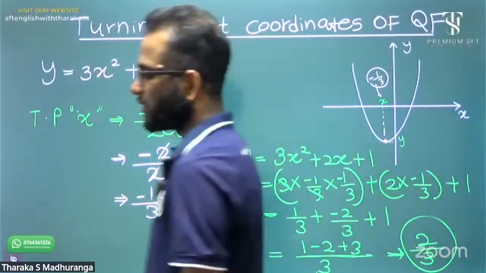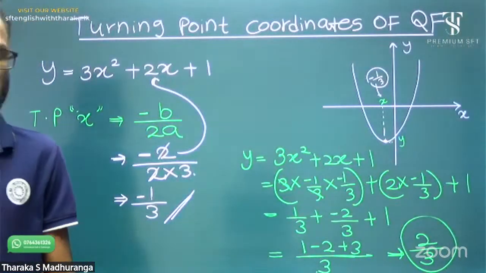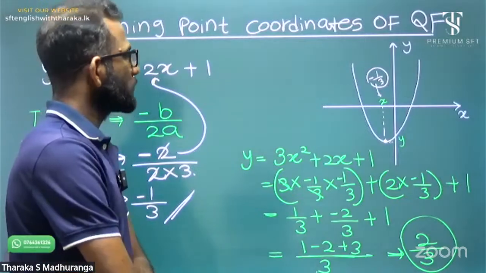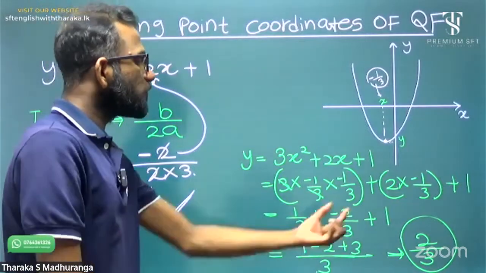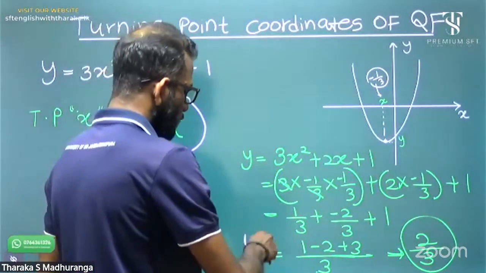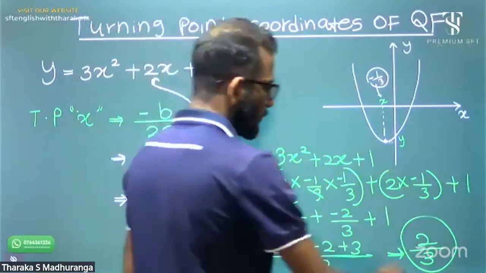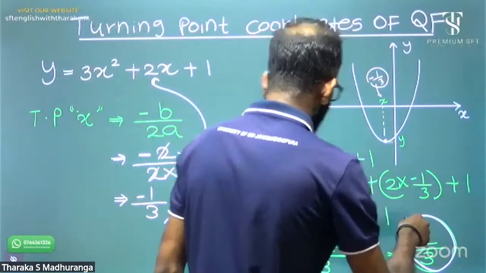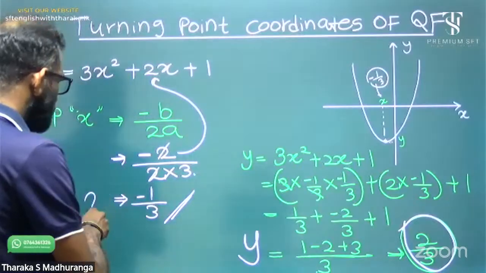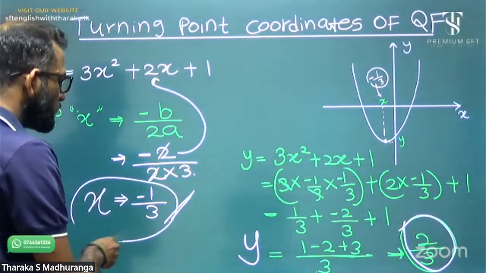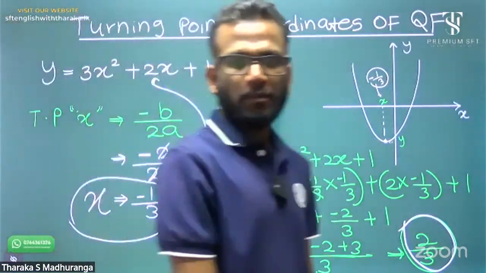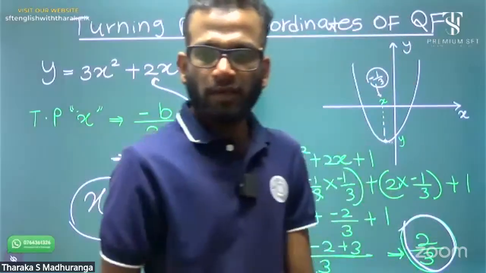This is the y coordinate, it is 2 over 3. And this is the x coordinate, it is minus 1 over 3.